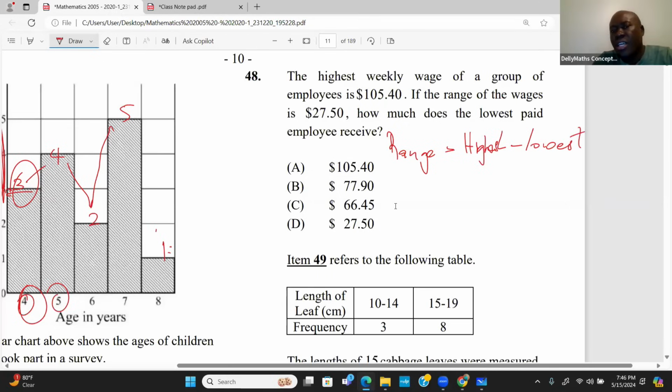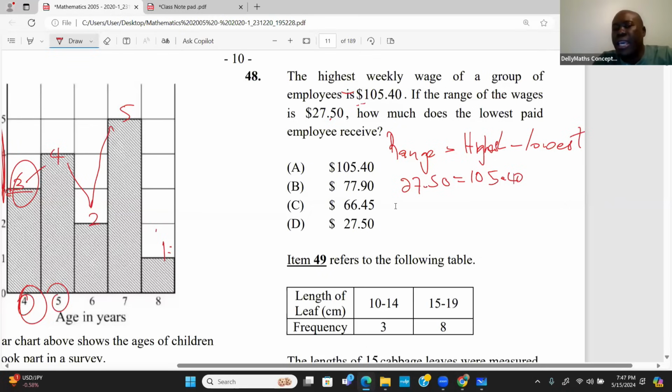That's your range. So you could sort it out. They said the highest was this, and the range was this, and they're asking what is the lowest.